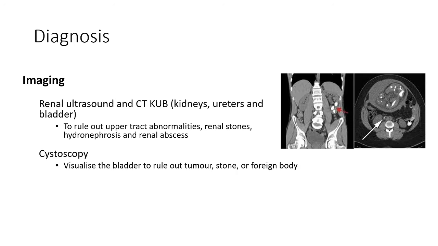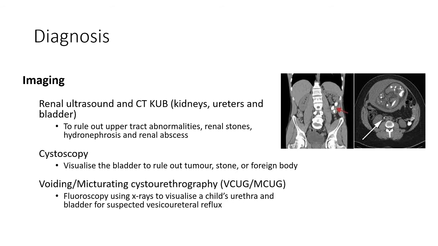Another technique is cystoscopy, where the bladder is visualized using endoscopy to rule out tumor, kidney stones, and foreign bodies. In young children with recurrent UTIs, functional abnormality of the urinary tract should be considered and investigated with micturating cystourethrography.